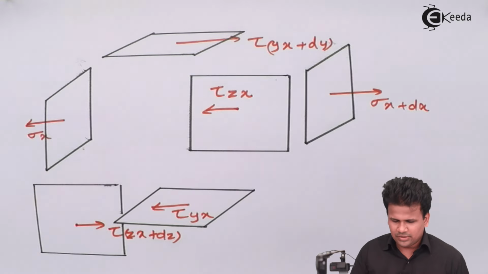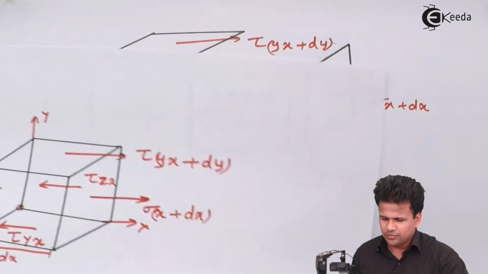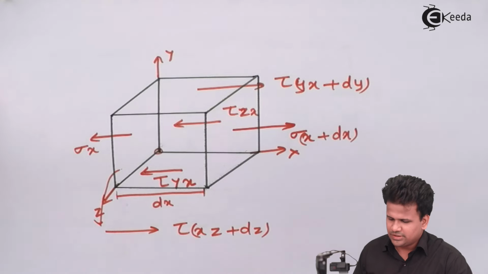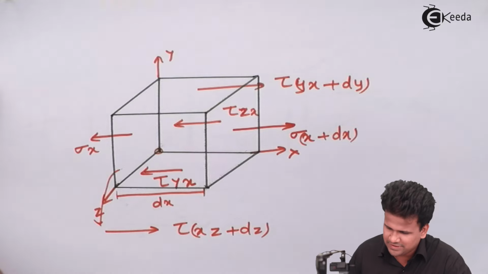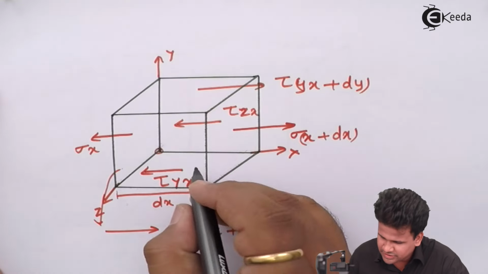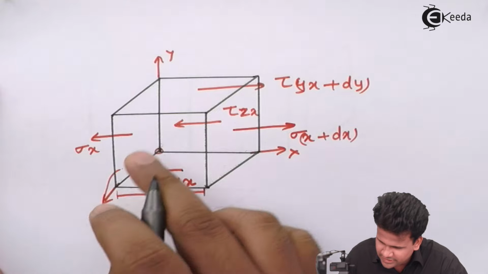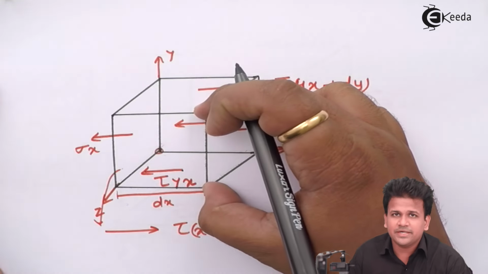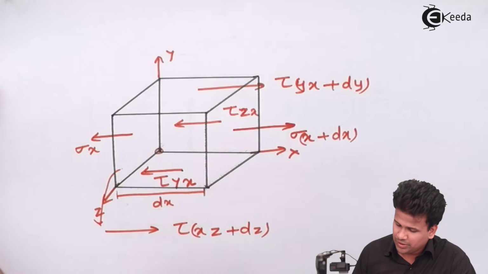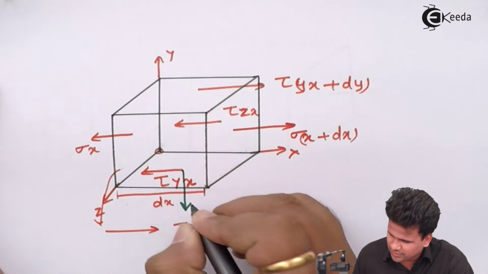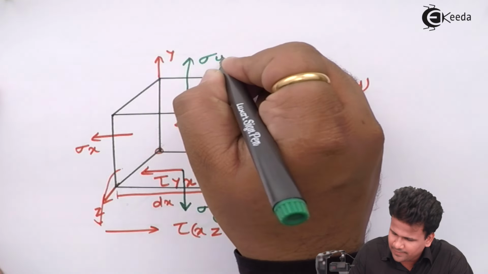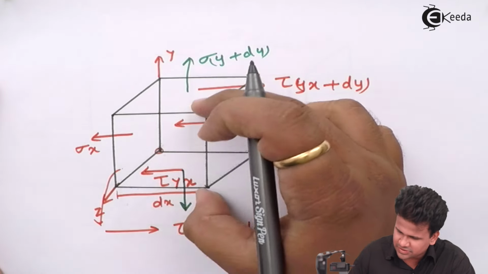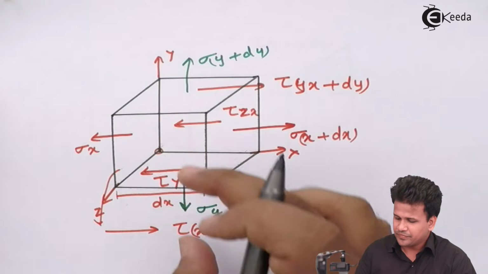Now let us see all the forces along the y direction. So over here this is our initial plane. Now we'll see all the forces along the y direction. First we'll see the y plane, y direction. So this is a y plane, this is also a y plane, separated by a distance of dy. So over here this will go down, this will be sigma y, this will be sigma y plus dy, because the distance between the two planes is dy.